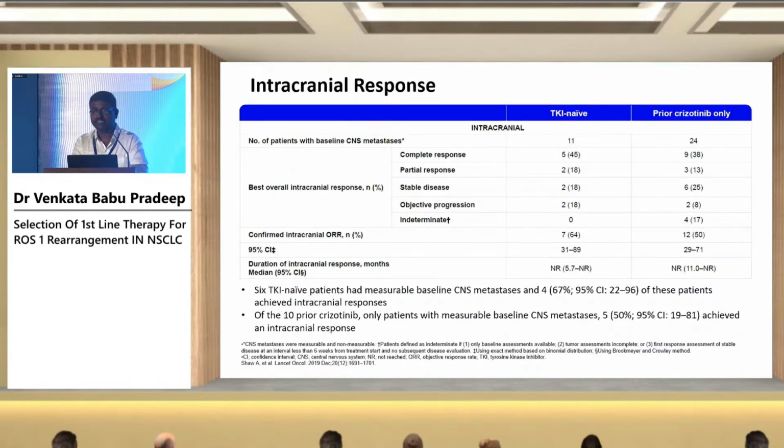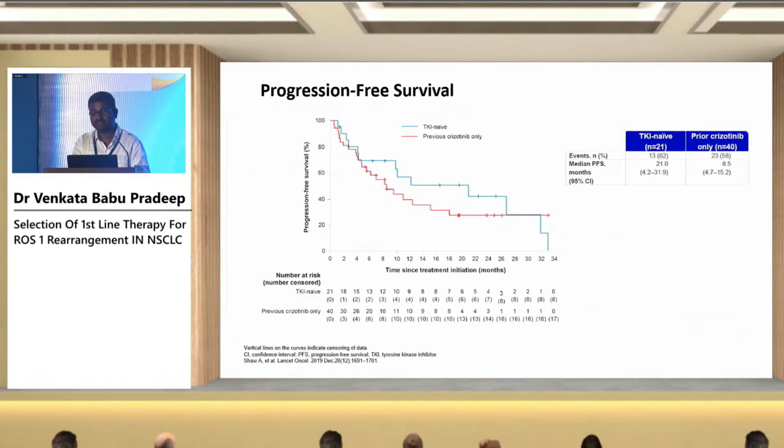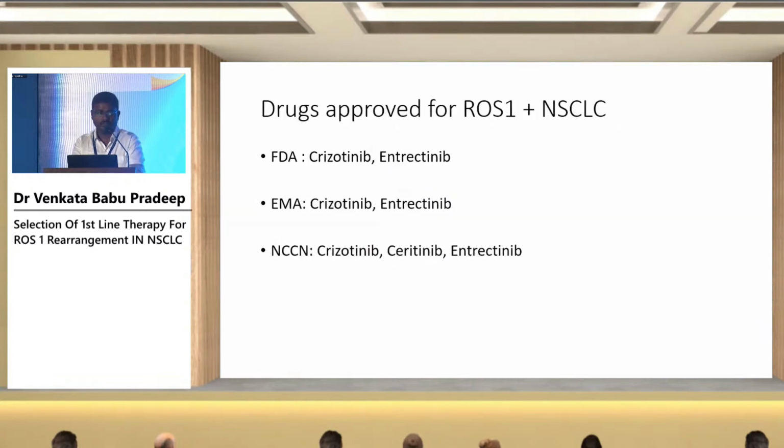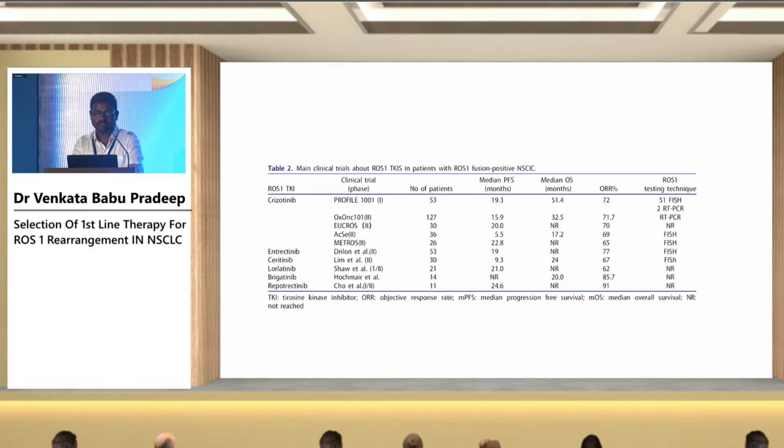And it was seen that even in TKI-pretreated patients, the PFS is better, more than 20 months. So coming to the drugs approved for ROS1-positive NSCLC, FDA has approved crizotinib and entrectinib. EMA has approved crizotinib and entrectinib. Now NCCN has adopted ceritinib also in the first line of ROS1-positive NSCLC.